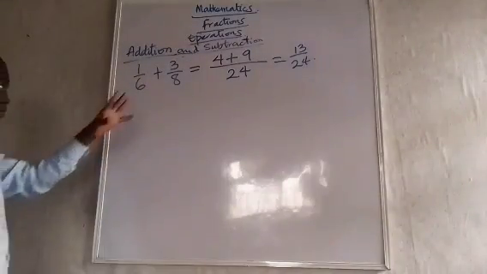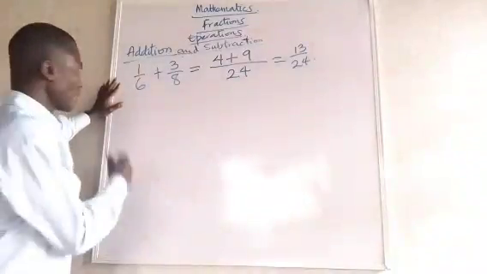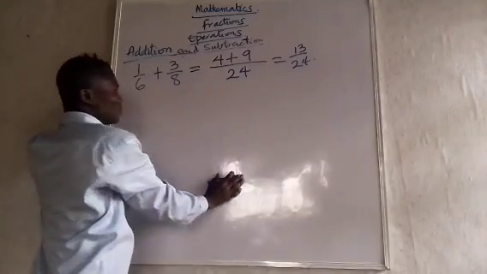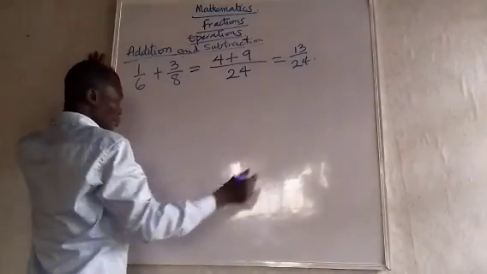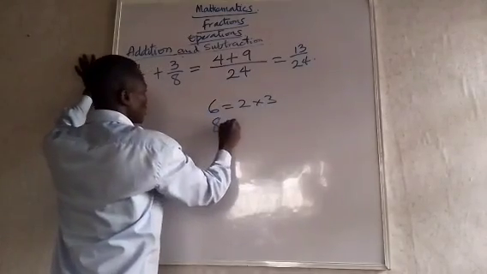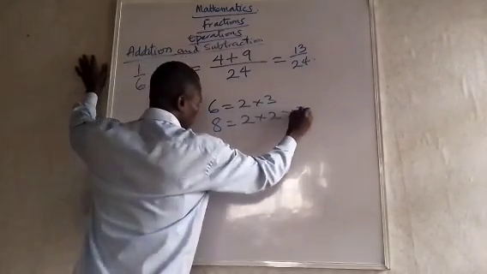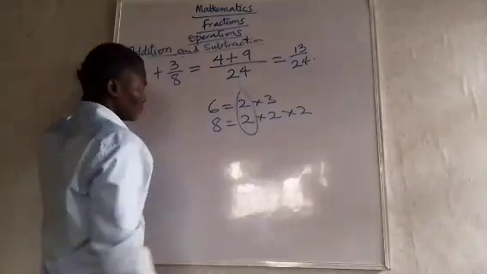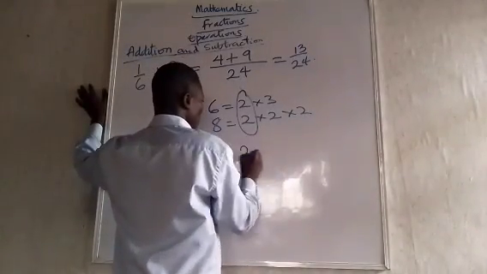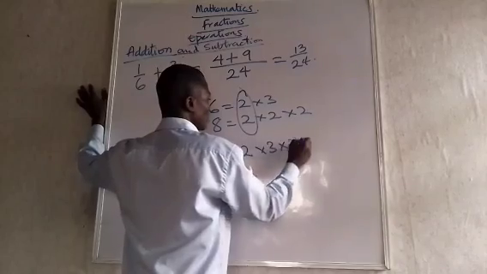Now, let me explain it using that simple form. We have known that the LCM is 24. By breaking down, you can say 6 equals 2 times 3, 8 equals 2 times 2 times 2. Now, this is common, you understand? But we have this one out. So we are going to have 2 times 3 times 2 times 2.